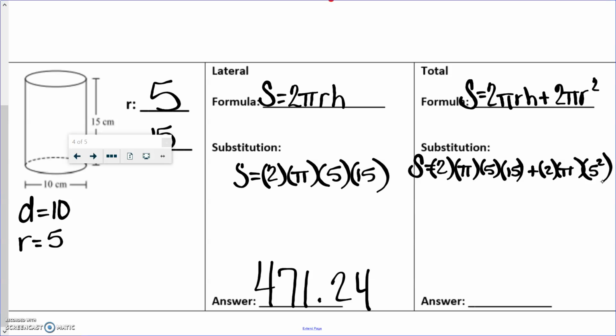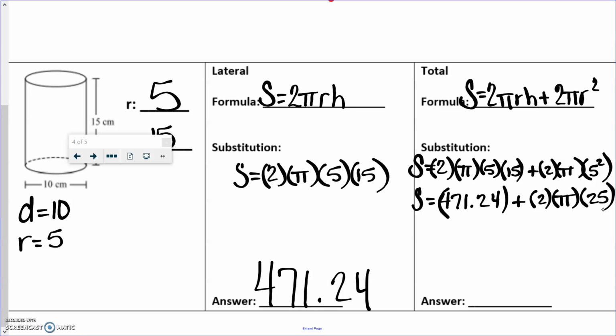We know what our lateral surface area is. It is 471.24 plus 2 times pi times 25, because 5 squared is 25.